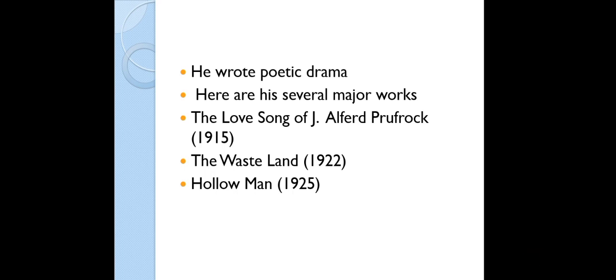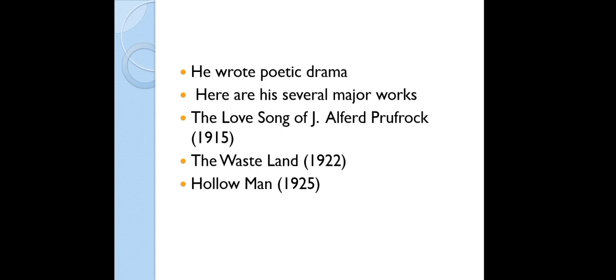There are several masterpieces of T.S. Eliot. The first one is The Love Song of J. Alfred Prufrock. This poem is known for its introspective exploration of modern life and the human psyche. The second one is The Waste Land.